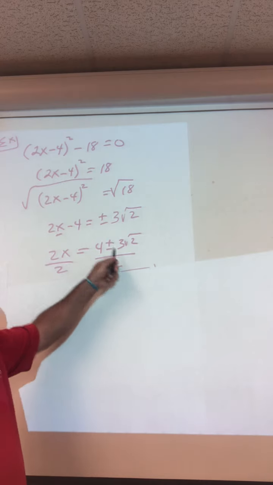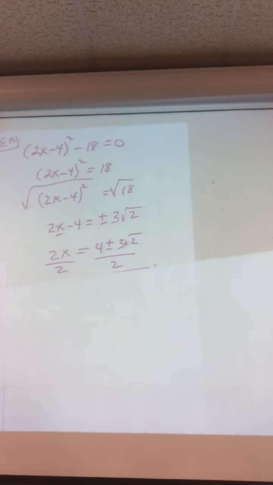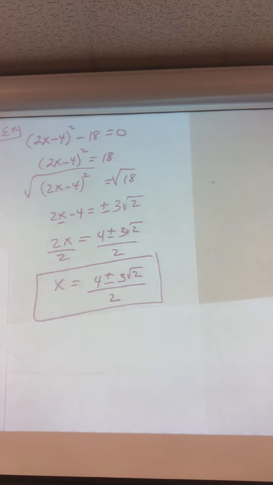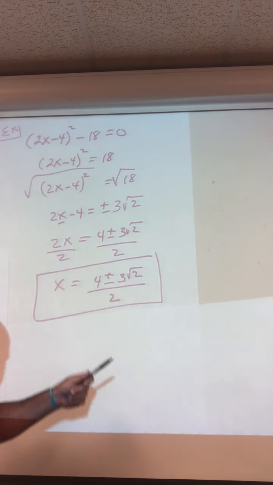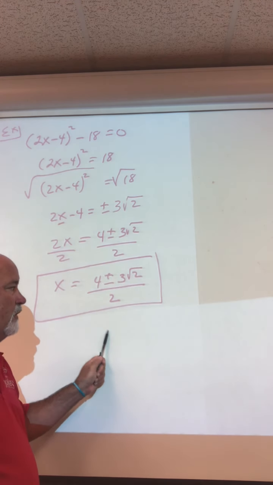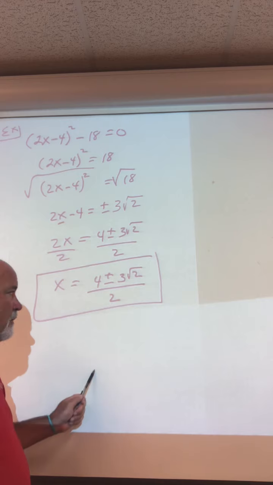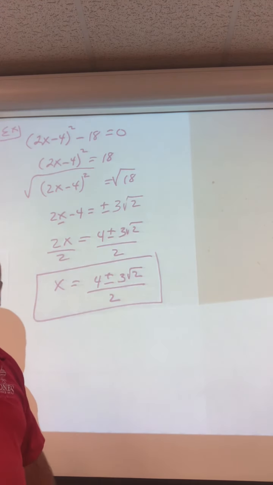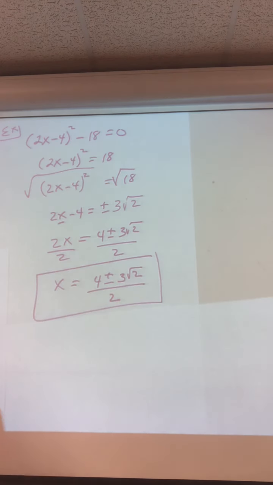But if it doesn't go into both, you can't reduce it. I just leave it like that: 4 plus or minus 3 square root of 2 over 2. Now, if you enter it on the computer, you can still break it into 2 parts: 4 plus 3 square root of 2 over 2, comma, 4 minus 3 square root of 2 over 2. So it's still 2 solutions.